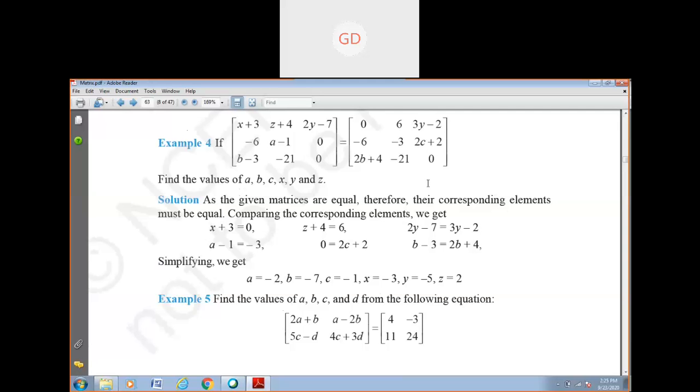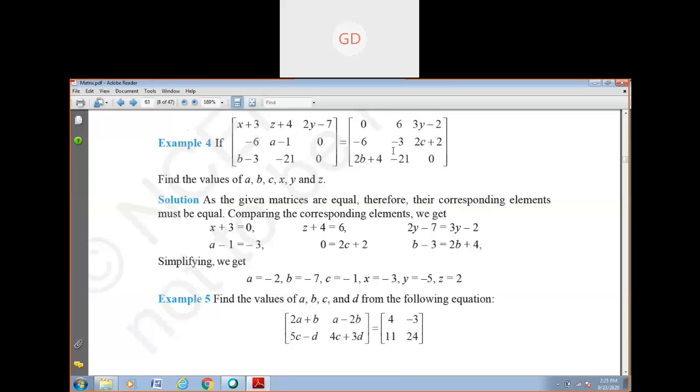Anyway, in this example, as I said, it is mentioned that this is equal to this, that means it is given to be equal. This matrix is equal to this matrix, that means the left hand side matrix is equal to the right hand side matrix.